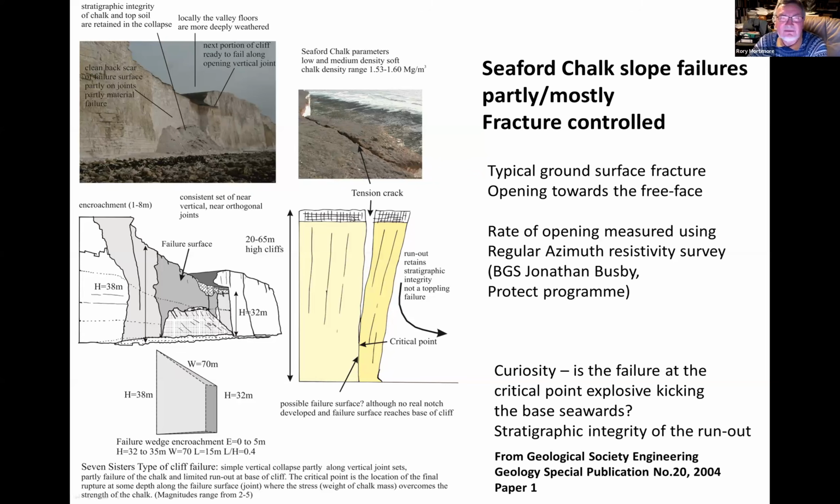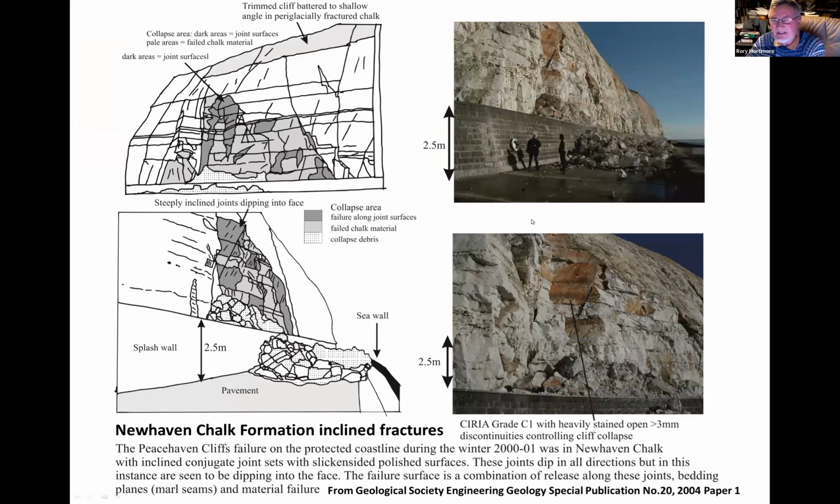So we have to be pretty careful when we're getting close to the edge of these cliffs. There are a number of issues with this, which are very interesting to the mechanics of cliff failure, but I'm not going to go into that tonight in any detail. You can look that up in this special publication that we produced some years ago in 2004 on chalk cliff instability.